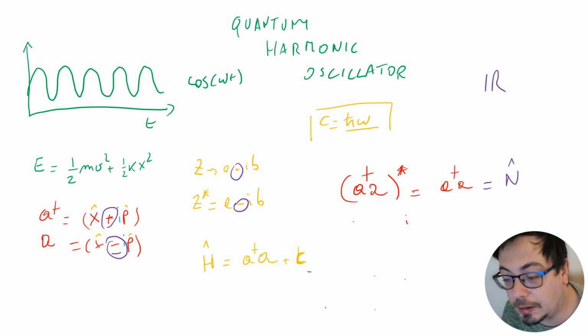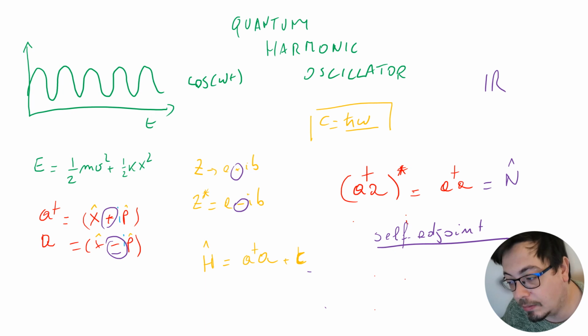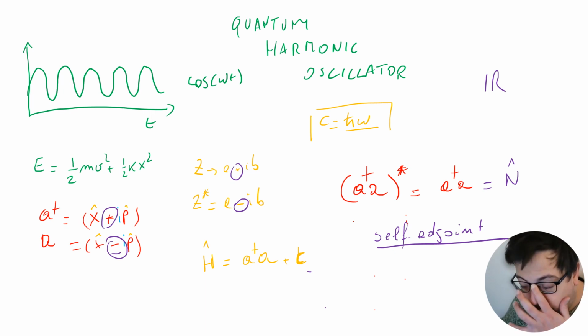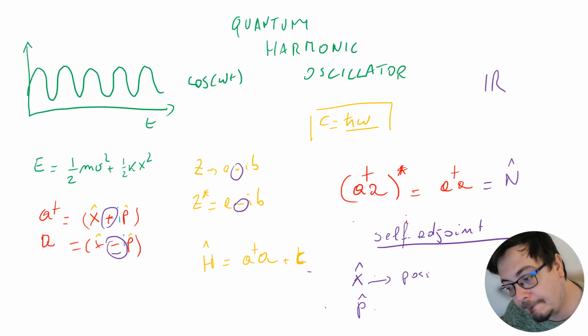I will just add a buzzword, but it's a fundamental word, which is that this operator is called self-adjoint, and such operators are ubiquitous in quantum mechanics because, as I said, the observables that we usually deal with are self-adjoint. X is self-adjoint, P is self-adjoint. In fact, they represent the position that we can measure and the momentum.